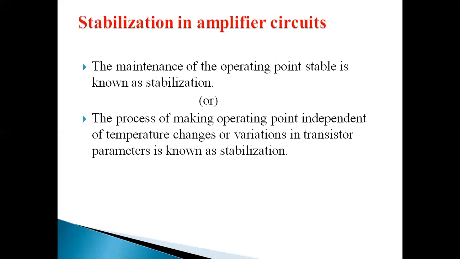So even when transistors are manufactured by the same firm and are of the same type, they vary. Further, VBE itself decreases when temperature increases. When a transistor is replaced by another of the same type, these variations are going to change the operating point. This necessitates stabilizing the operating point.